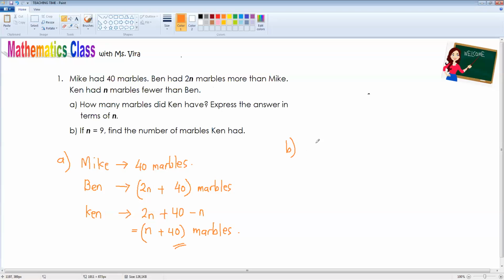So we write n plus 40. n changes to 9, plus 40, equals 49 marbles. And that's the answer for question B.